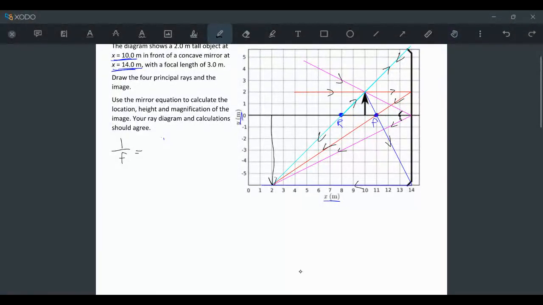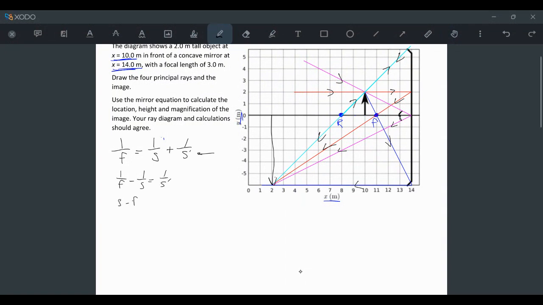The mirror equation is that the reciprocal of the focal length is equal to the sum of the reciprocals of the object and the image positions. So what we really want to solve for is the image position. We have the information for the object, we have the focal length. We'll solve for S prime. The first thing we can do is move the 1 over S over to the left side.